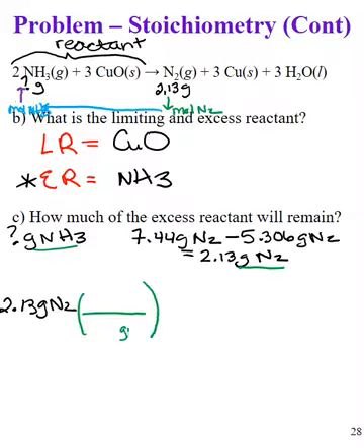So grams of N2 go on bottom, moles of N2 go up on top, and if you want to cheat in a sense, you can look back to what you did in the previous slide, and all of those numbers are coming from that equation.